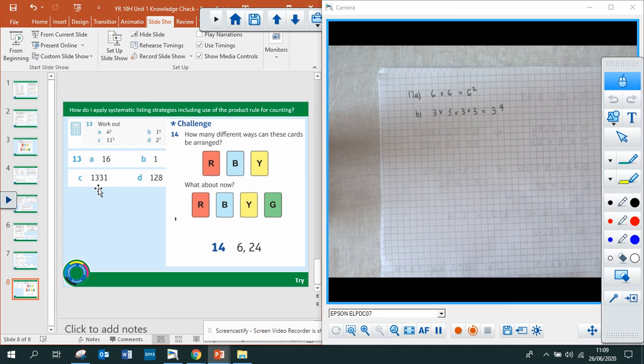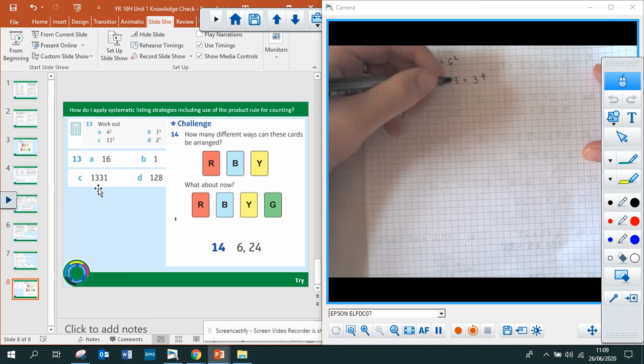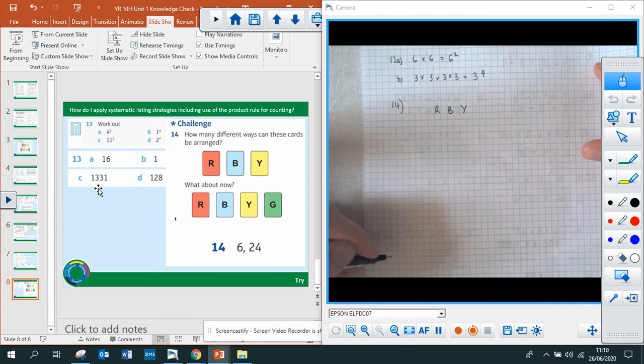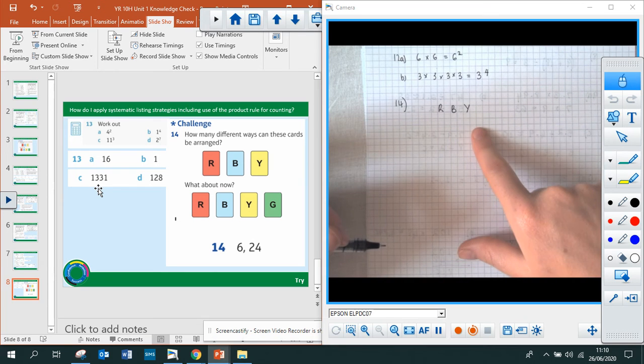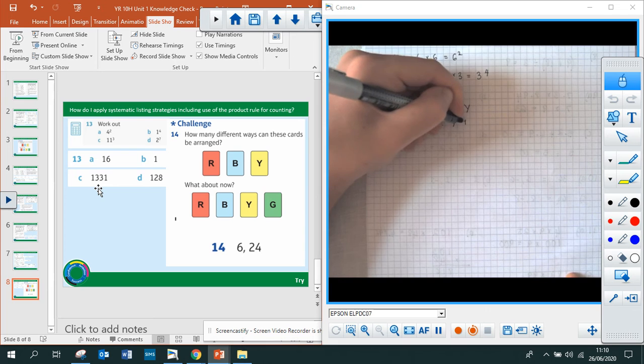So now let's have a look at the challenge. It says, how many different ways can these cards be arranged? Okay, so how many different ways can the cards red, blue, yellow be arranged? Well, we can have red, blue, yellow. We could also carry on starting with red, and then we could have yellow, blue.